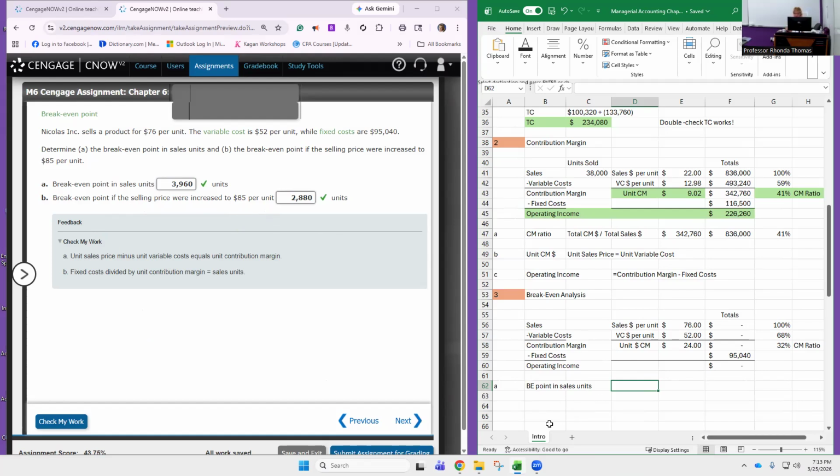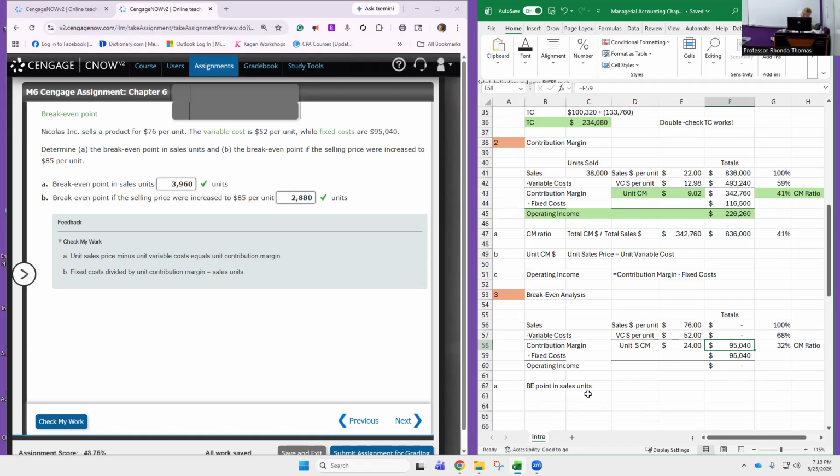All right. So what we have to do is, if this is going to be zero, then we know contribution margin has to be zero. And if this is 24% of that, we can find how much the sales dollars are, or let me go to the book.